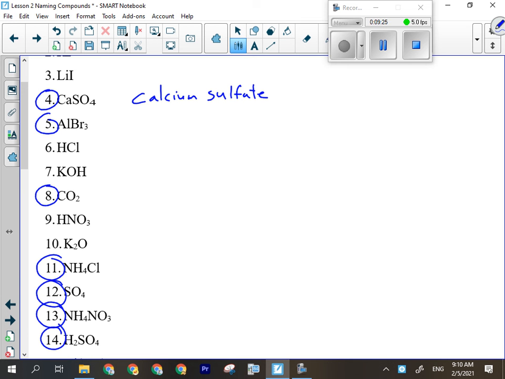And then for number 5, aluminum's a metal, so again we have an ionic compound here, so we're simply going to write the name of the metal, aluminum, and it's with bromine, so this is going to be aluminum bromide. Again, no prefixes because it's ionic. The number doesn't matter there in terms of the name.